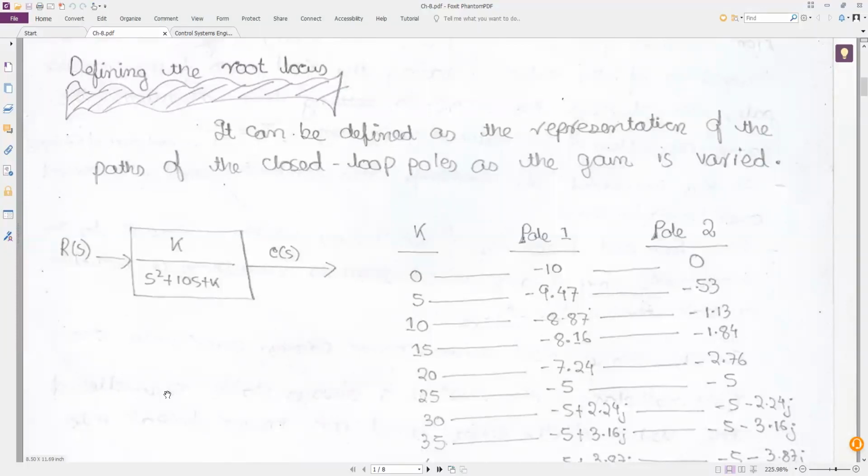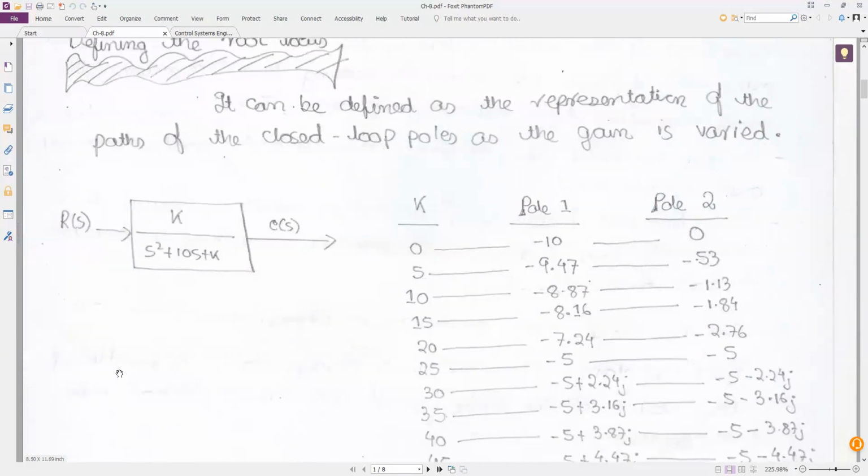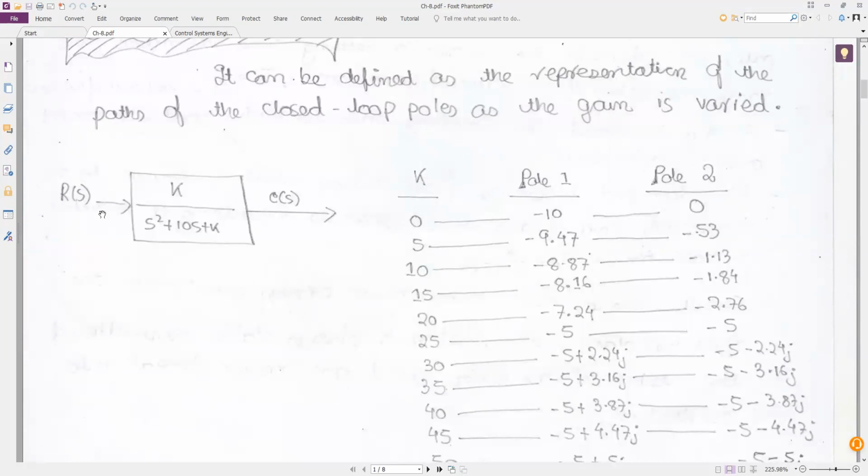So if you change the gain, then the poles would change. Let's say, just look at this one: K over s square plus 10s plus K. Here we will vary the value of K. If we change the value of K, then we'll get different values of poles.